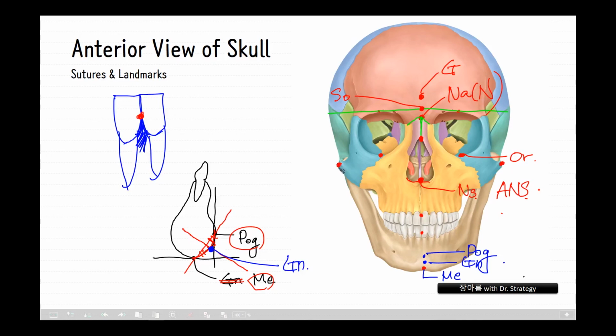This length should be the maximum bizygomatic diameter. Finally, zygomaticomaxillary, ZM, is the lowest point of the zygomaticomaxillary sutures. Here and here is the zygomaticomaxillary sutures.